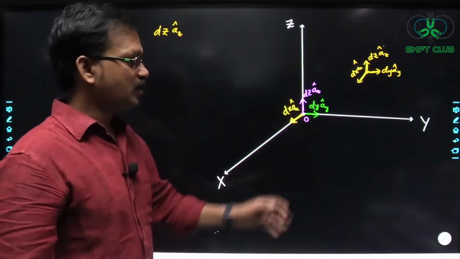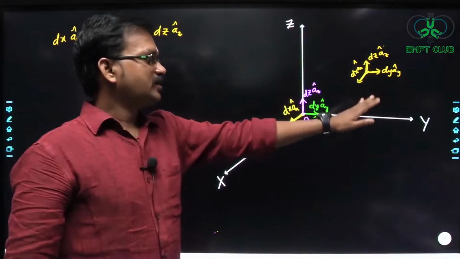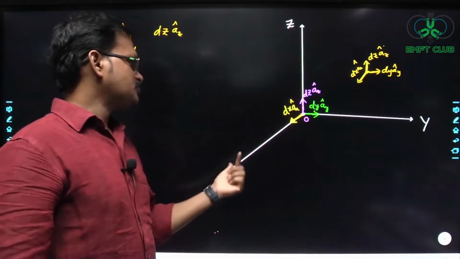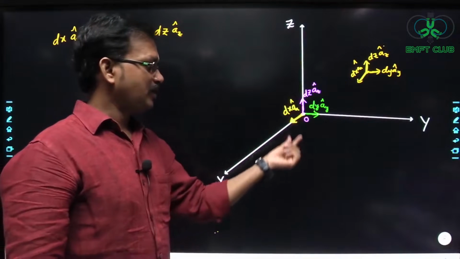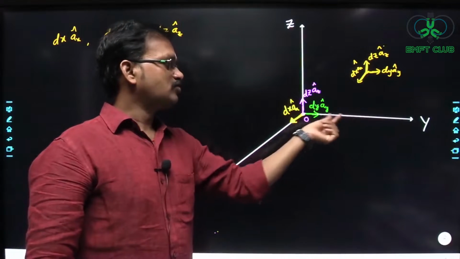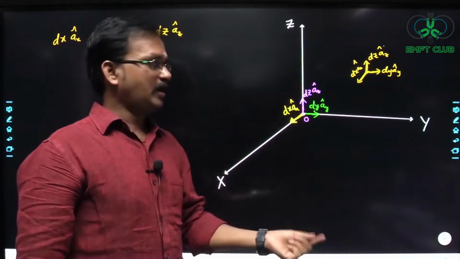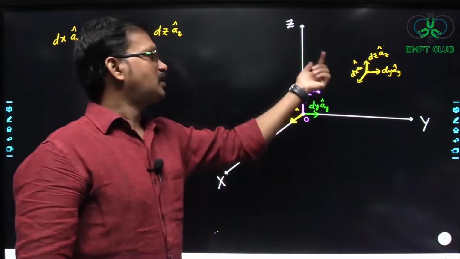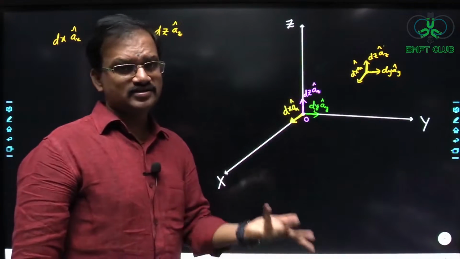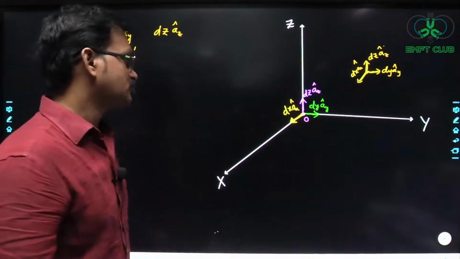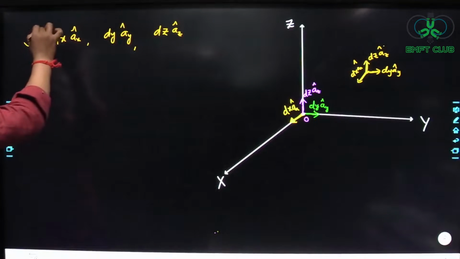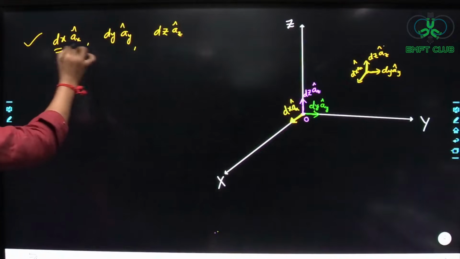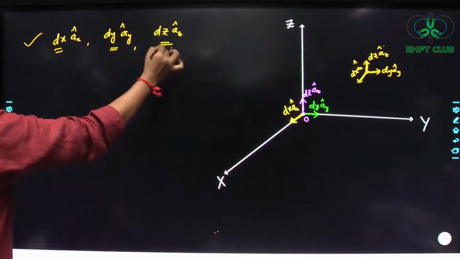So in general, the small differential length that is parallel to the x-axis we can call dx ax cap. A small differential length that is parallel to the y-axis is nothing but dy ay cap. A small differential length that is parallel to the z-axis we can call dz az cap. Understood? So these are the 3 small differential lengths along x, y and z, right?